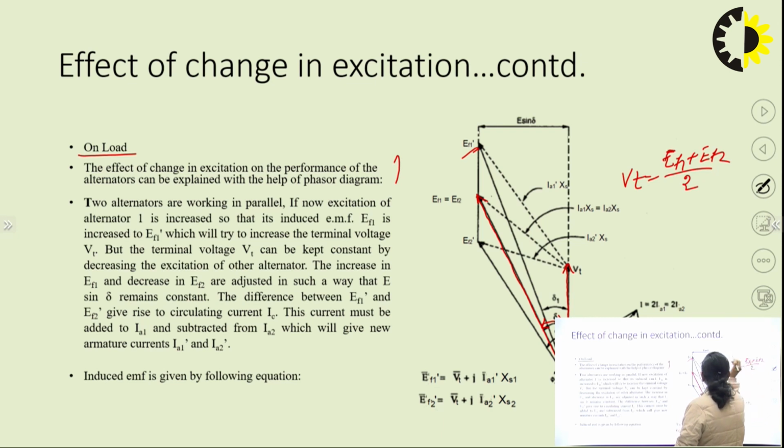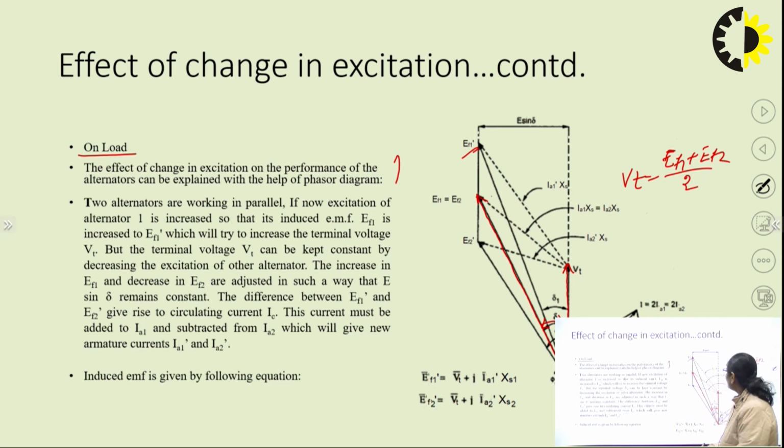If there is an increment in the excitation of alternator 1, the excitation EMF of alternator 1 will increase to the value of EF1 dash. Now, as the EMF got increased, it will try to increase the terminal voltage, but the terminal voltage has to be kept constant.